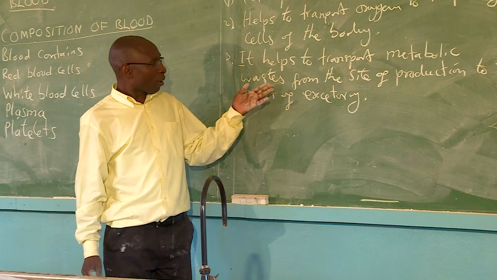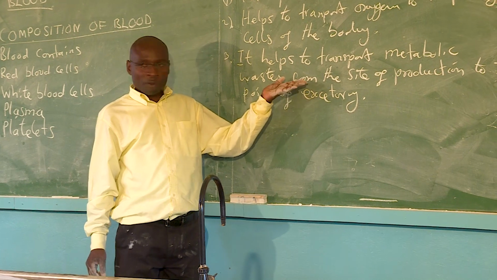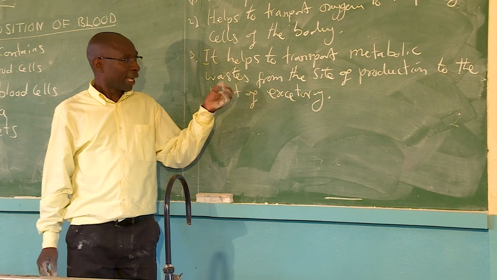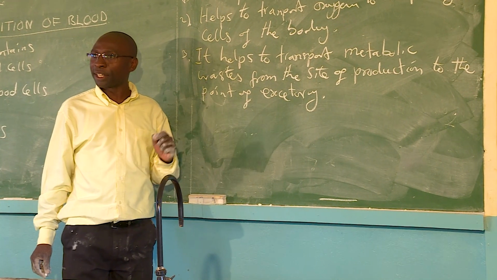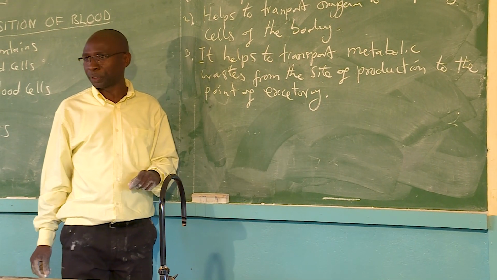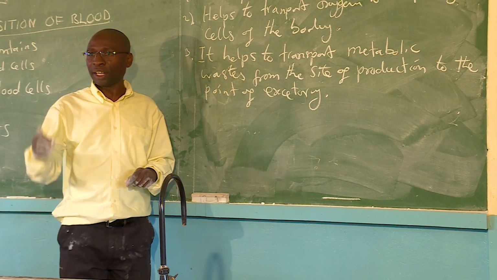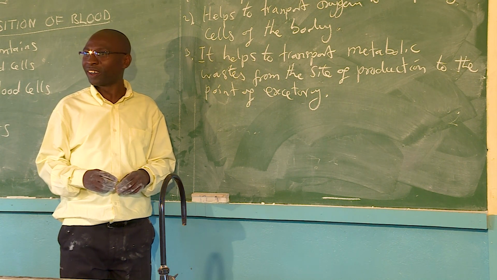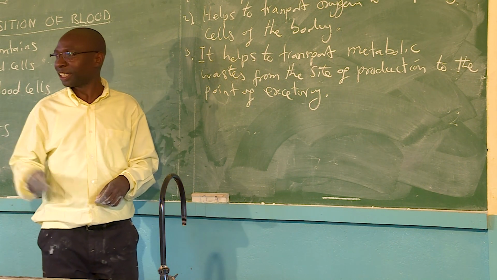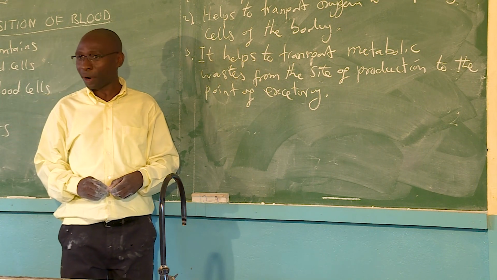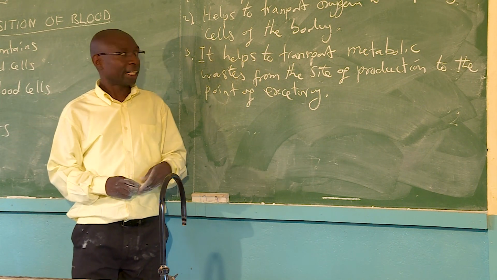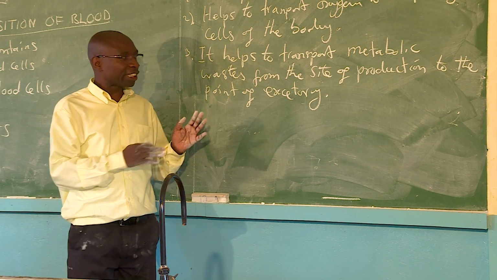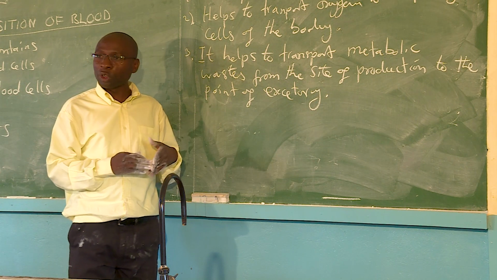Okay? So, if you look at the site, for example, carbon dioxide. If you are saying carbon dioxide is a metabolic waste, where is it produced? Yes? In the lungs? No? Where is carbon dioxide produced? Yes? In the respiring cells. Correct. That's where it's going to be produced. And after being produced, it needs to be taken to the point of excretion.